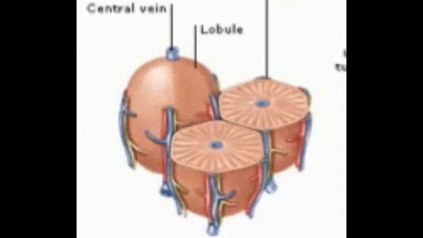The architecture of the lobules and how they are positioned to each other makes it possible for the liver to have 500 functions. Then we go to the next slide.